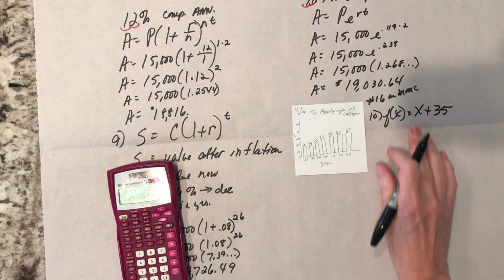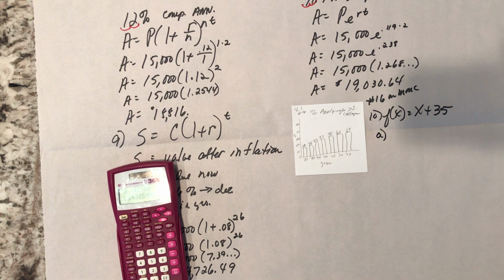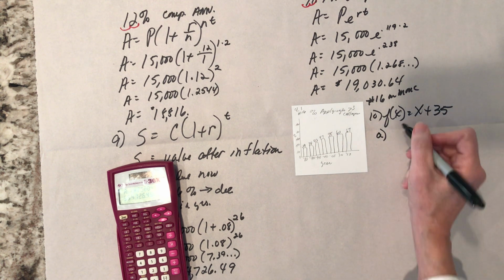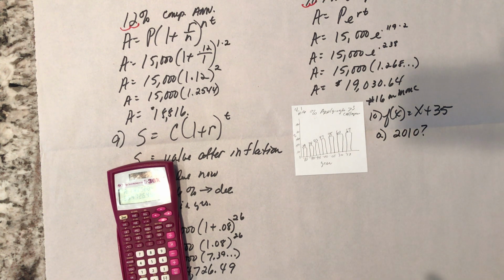So they want us to use this model in A to determine what percent of these high school seniors applied to more than 3 colleges in the year 2010? So they're asking us to look at the data for 2010 with the linear formula, then with the other formula, with the exponential function, and then compare them.